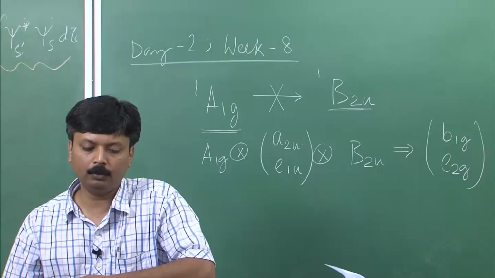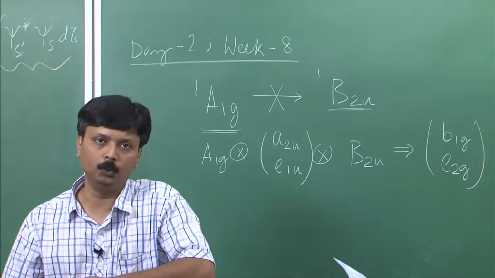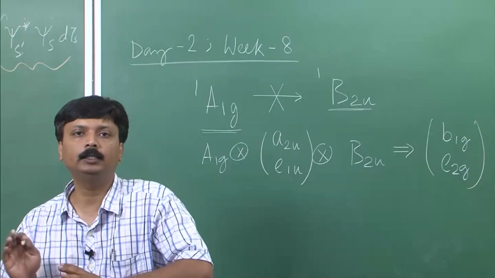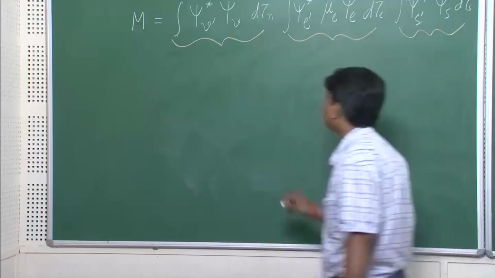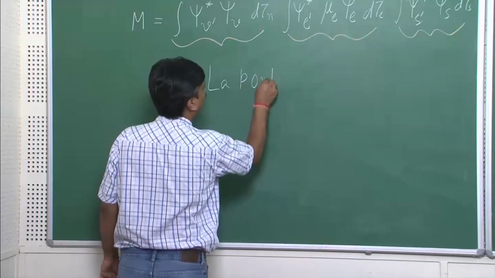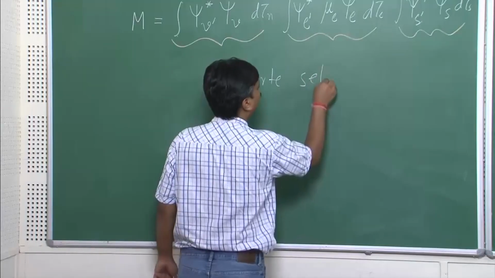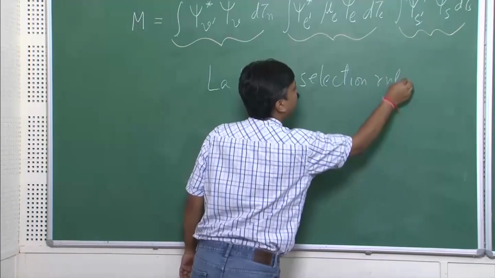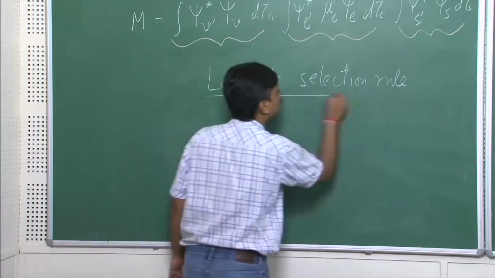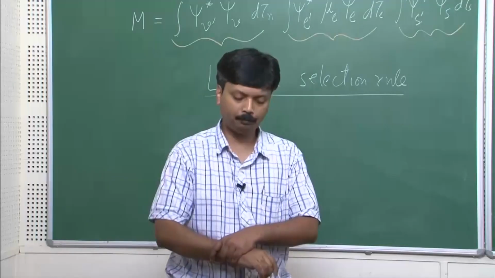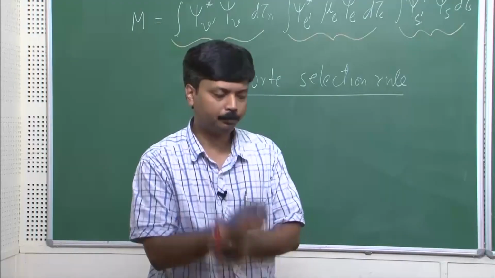And you have heard about the Laporte selection rule. So what is this Laporte selection rule? In this context I will mention that. The Laporte selection rule is particularly important in the case of centrosymmetric molecules.